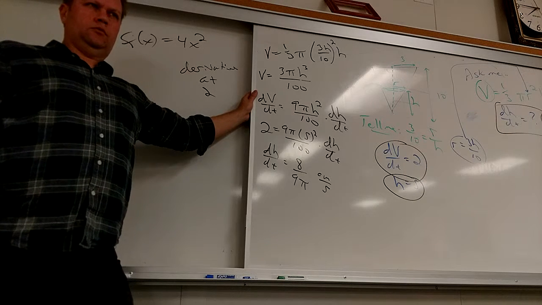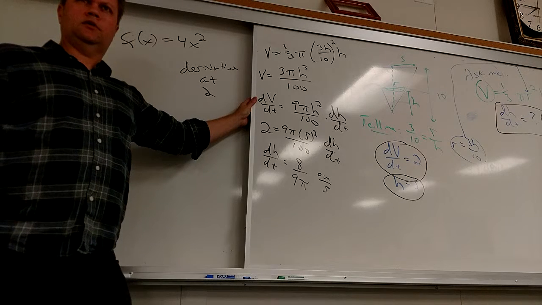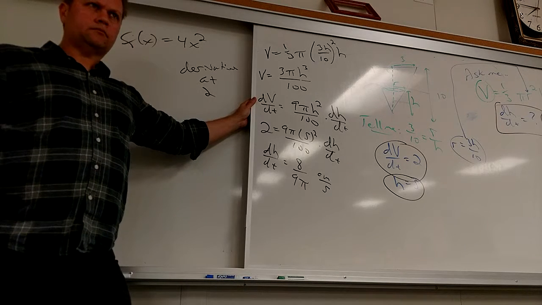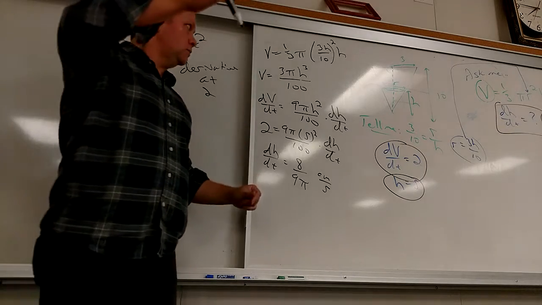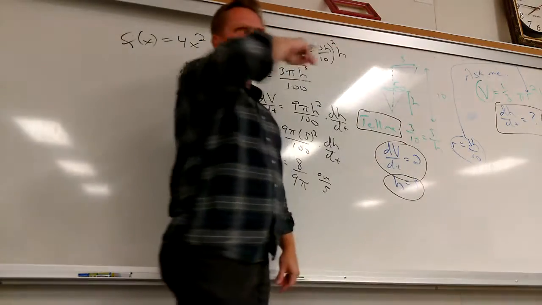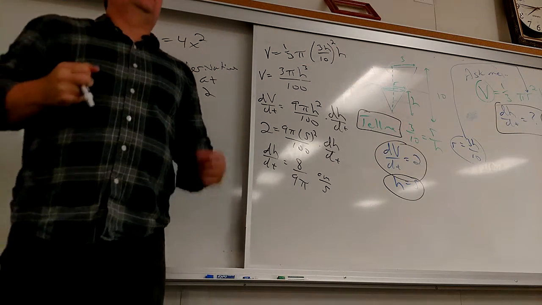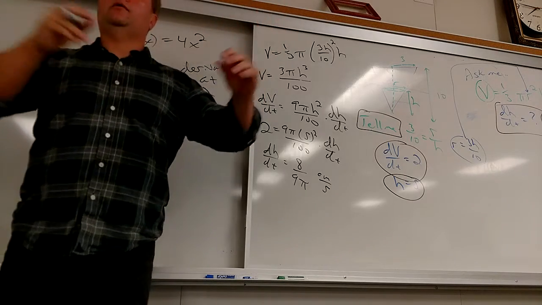Okay. All right. Is that decent? You guys remember that kind of stuff? Related rates was the first place I brought in the idea of tell me, ask me. And that happens so often in math.